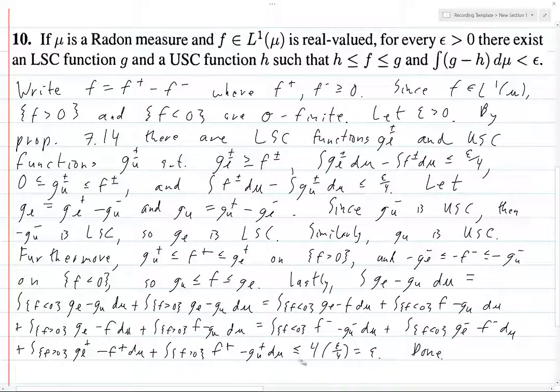If we want strictly less than epsilon, sure, let's get rid of these equalities here. It's not a big point, but sure, let's make it precise. But there we go, this completes the proof.